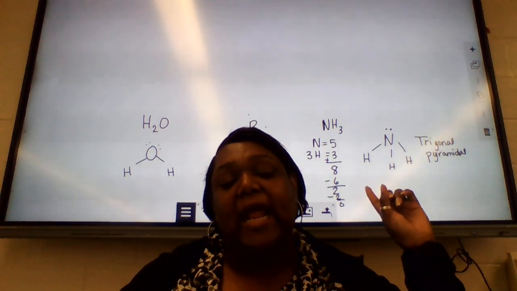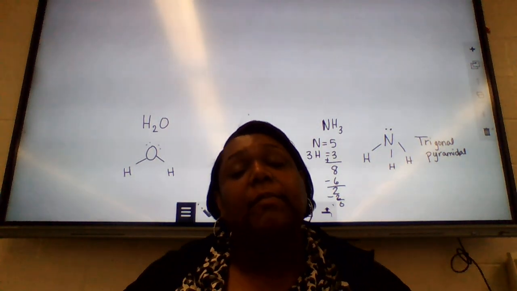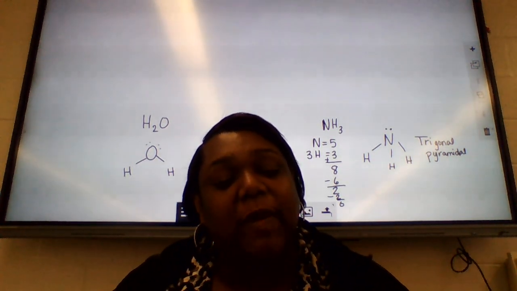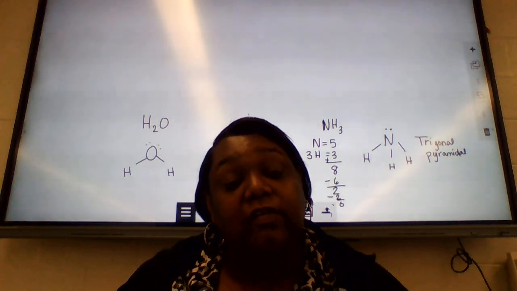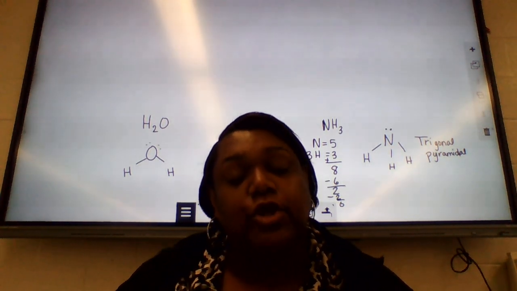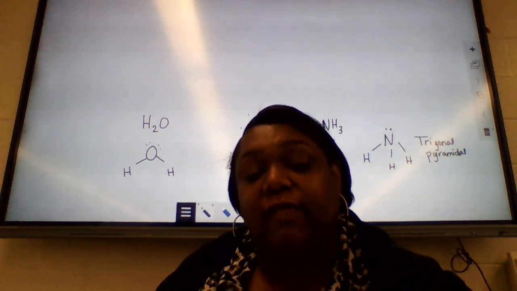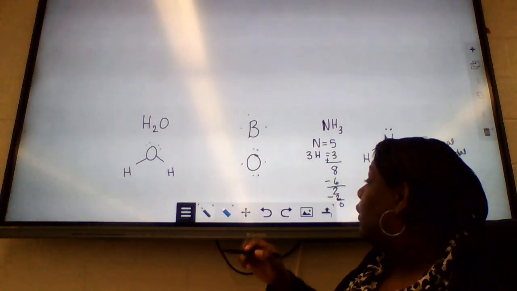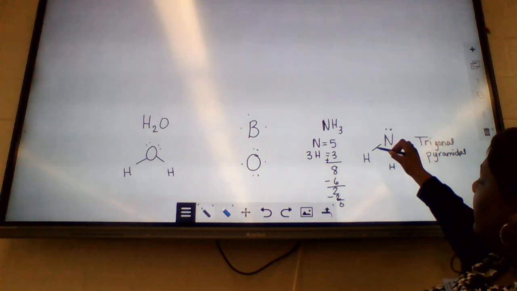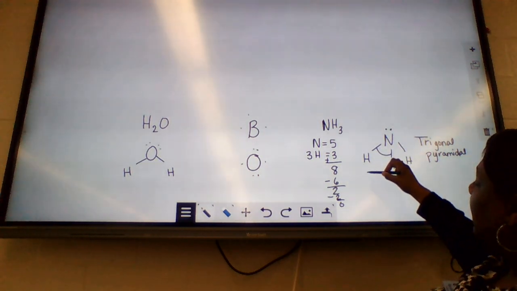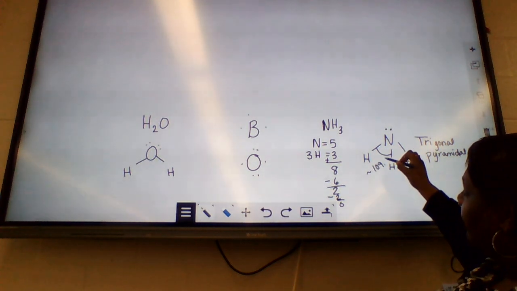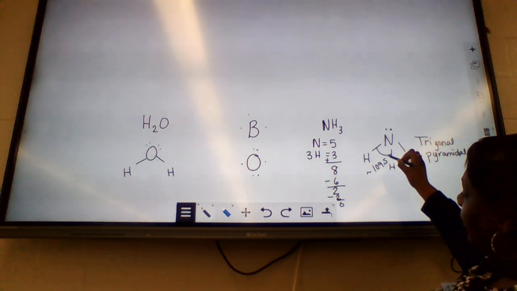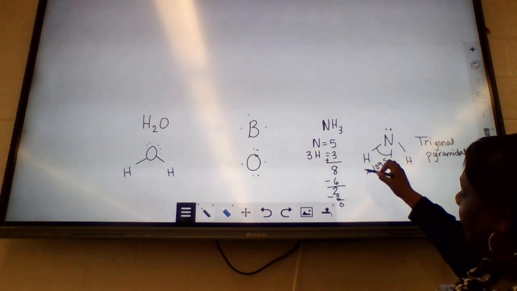But when you add that lone pair of electrons, because lone pairs need more space than bond pairs, you actually reduce the amount of space between your atoms, you decrease the bond angles, and so what we find is that these bond angles are less than 109.5.